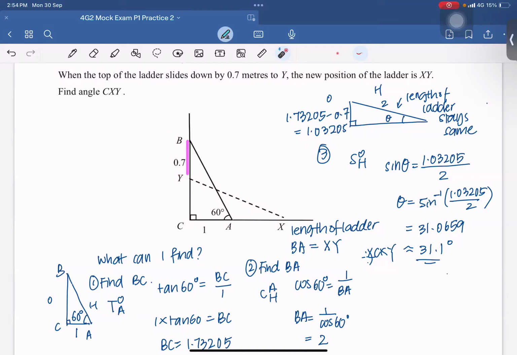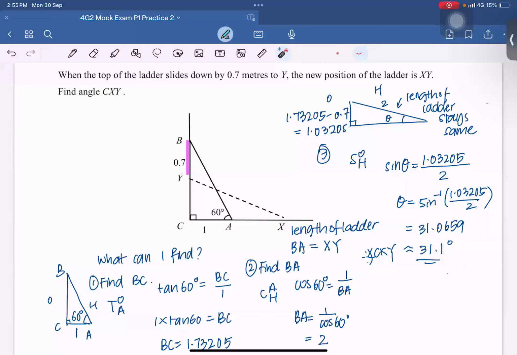What can I find? I can find Y. Yes, thank you. I can find CY. So here is the length of CY.